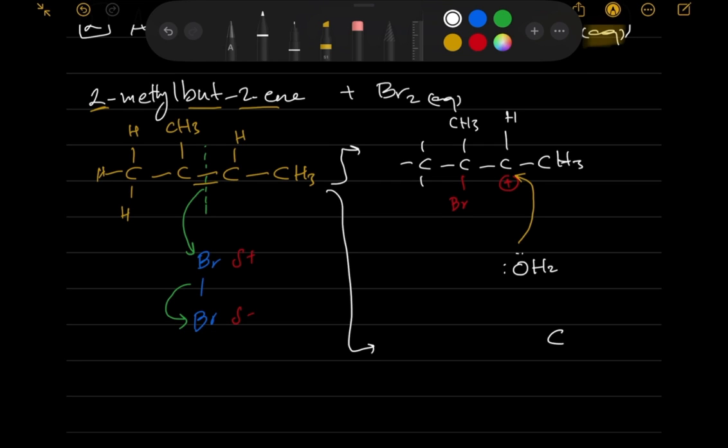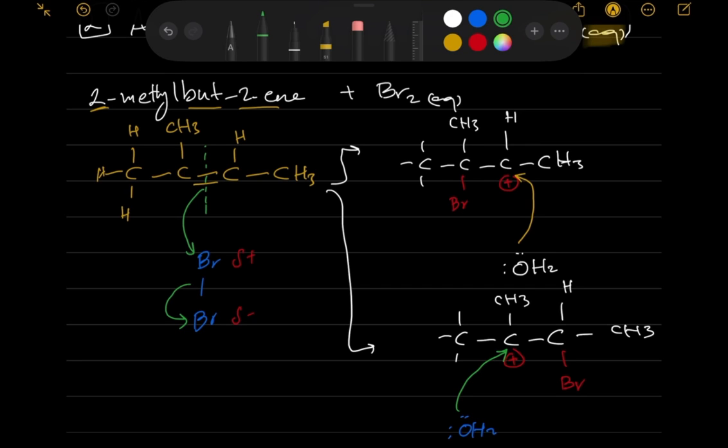So we have C, okay, and we have three hydrogens, we have CH3, okay, and here we have hydrogen. Here we have CH3, and the bromine atom could be bonded to this carbon. So the other one will be positive. And we have another OH2 that will be bonded to the carbon atom. So this one will attack this.